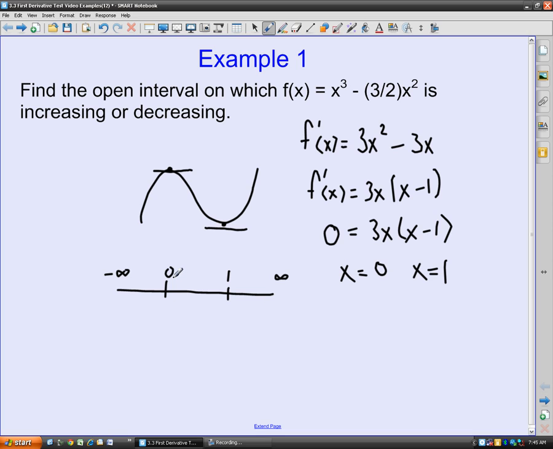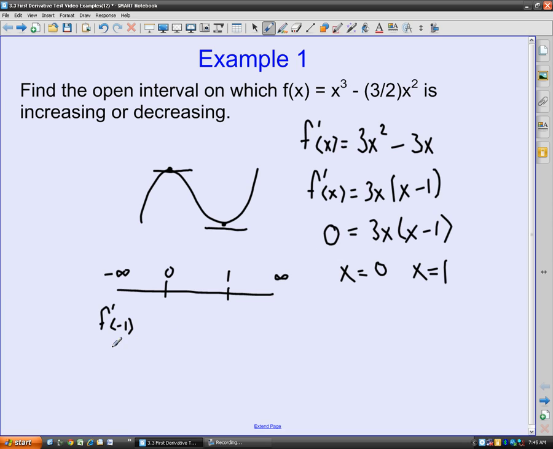I have to pick a value less than 0, so I'm going to do f prime of negative 1, putting it into the derivative function. I don't care about the actual number, just the sign, whether it's positive or negative. I can use any of the derivative forms, whichever is easiest, and I'm going to use the factored form.